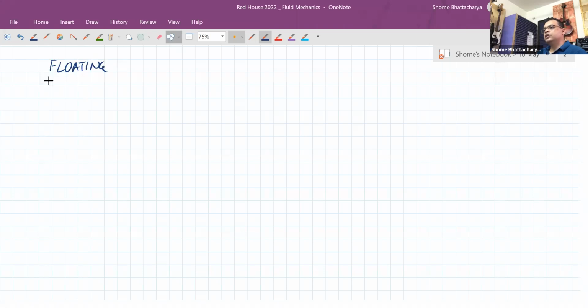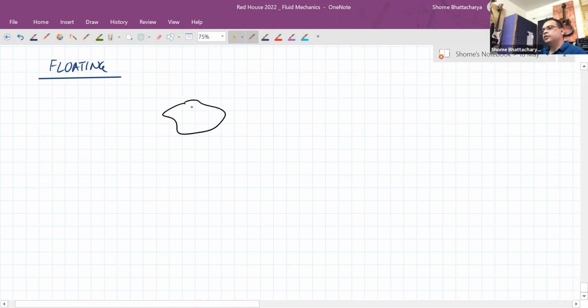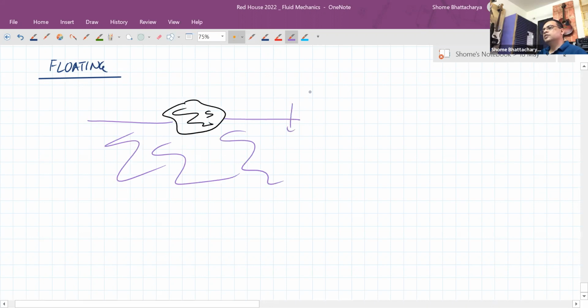So the physics of a floating body is very simple. The weight of the body is so less in comparison to the upthrust acting on it that it's able to float without any additional force applied on it, just on the basis of buoyancy. So if this is a fluid of density, let's say this, then a floating body will be such that the buoyant force is balanced by its weight.